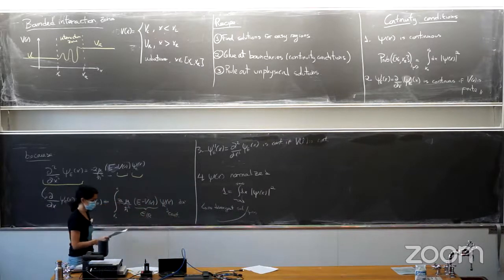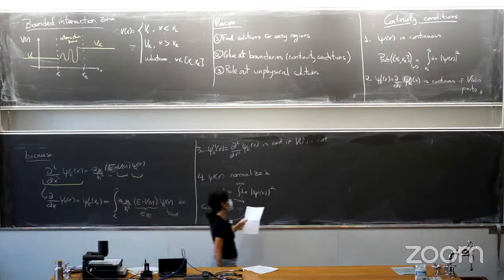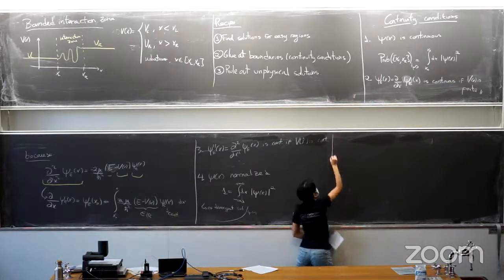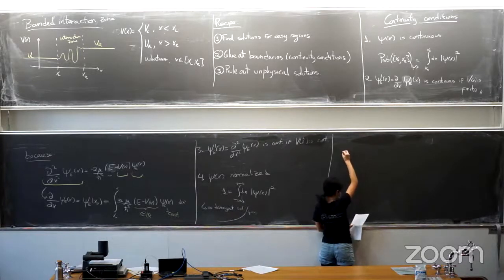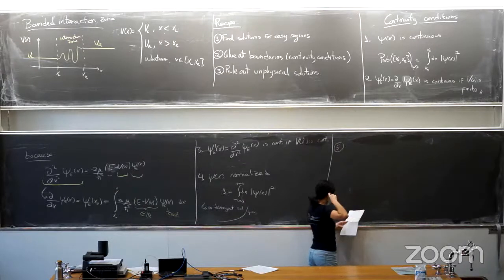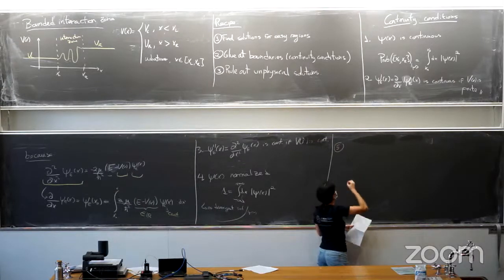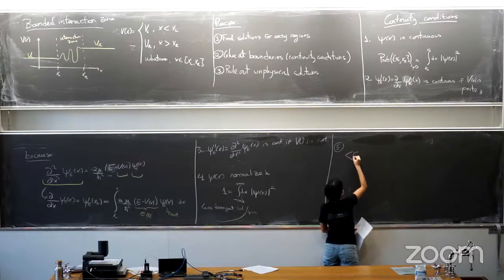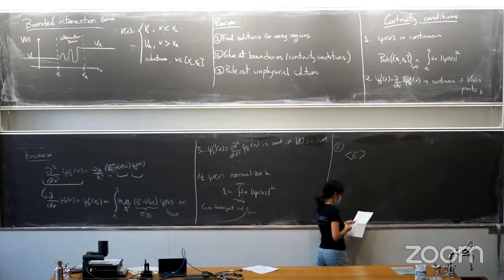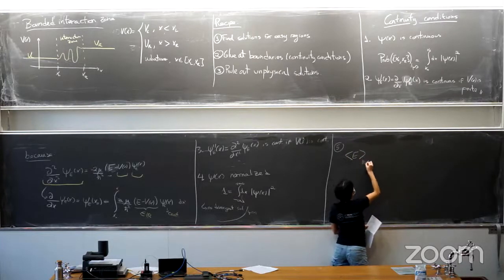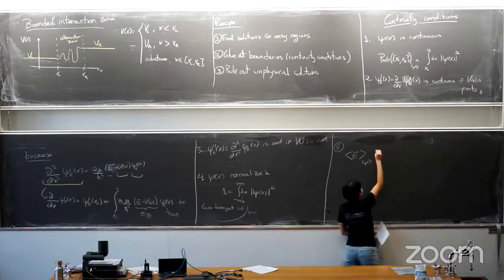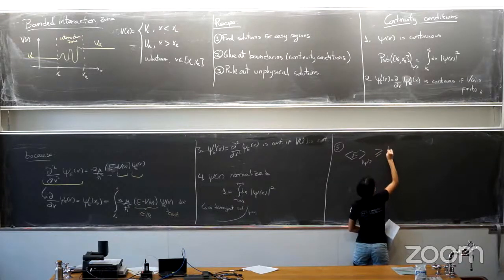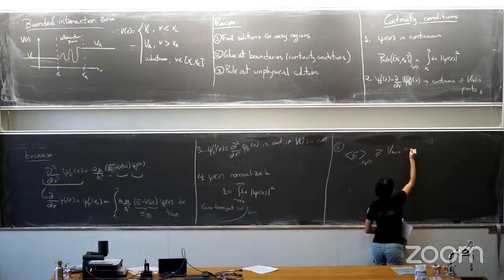And the second one, which is not obvious a priori, and this is true for any wave function, and in particular for the energy eigenstates, is that the energy must be larger than the minimum of the potential over all x.